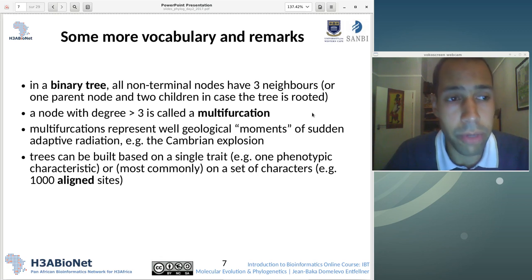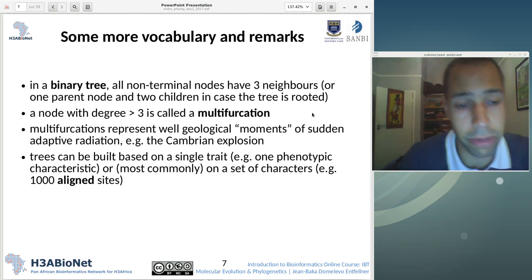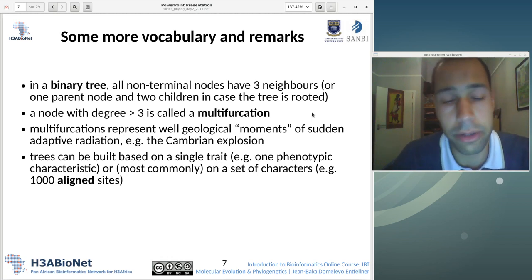So most commonly we use a combination of characters. For instance, alignment sites. 1000 alignment sites make for enough data to have a tree that is quite robust. We'll see later how to define measures of robustness for a tree.